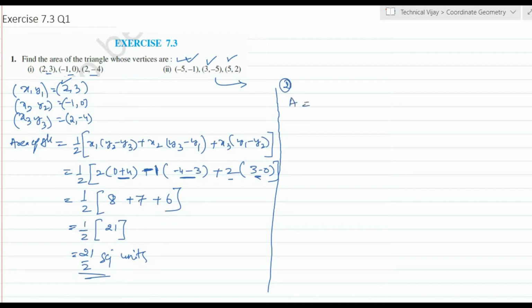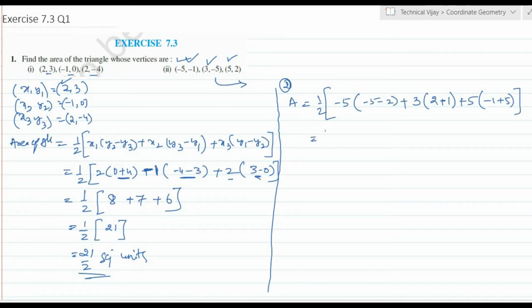Area of the triangle A is equal to half of, see, x1 is equal to minus 5, so y2 minus y3, that is minus 5 minus 2, plus x2, that is 3, into y3 minus y1, that is 2 minus minus of minus plus, this is 1. So plus x3, this is 5, into y1 minus y2, that is minus 1 minus of minus 5, that is minus 1 plus 5.